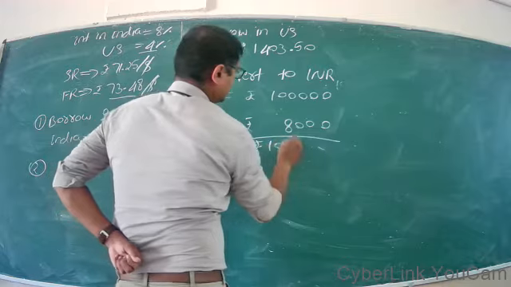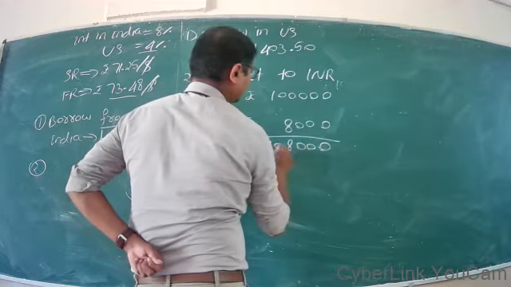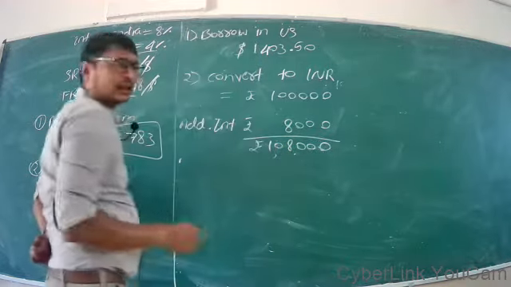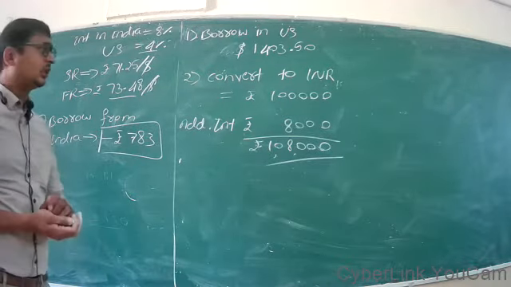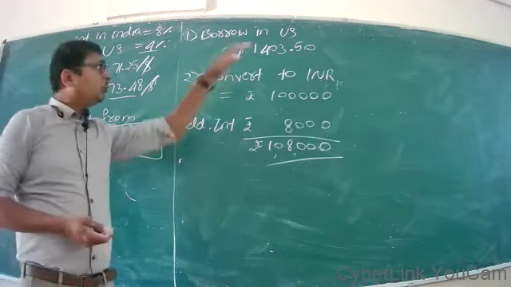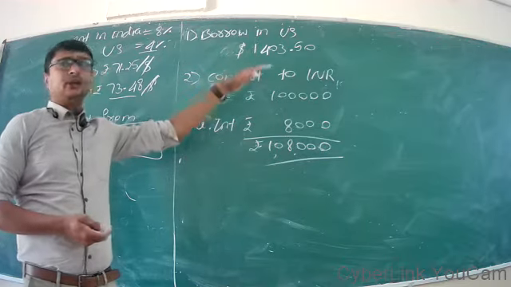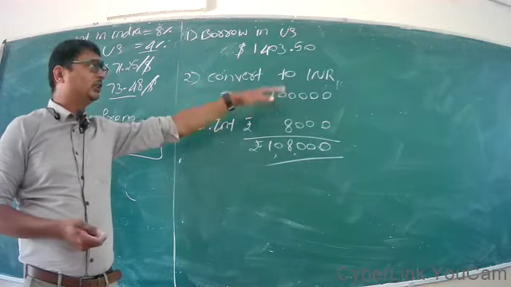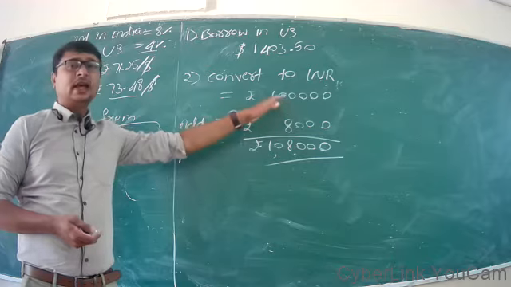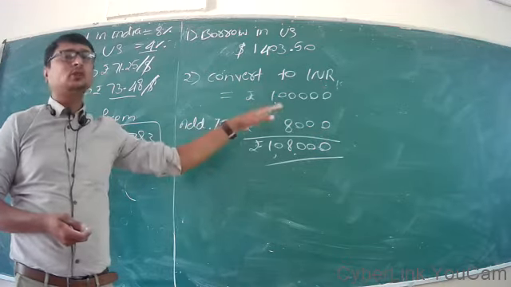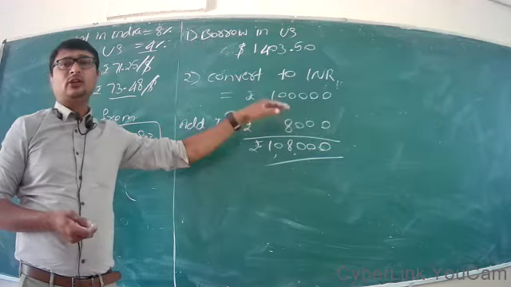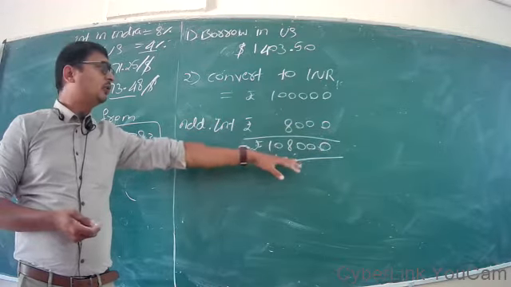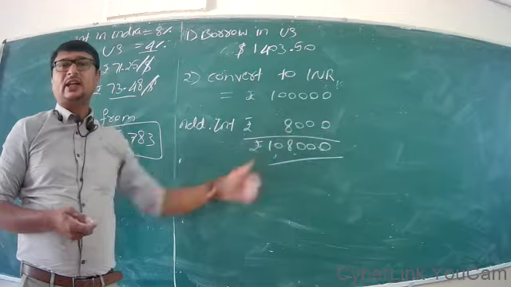You ultimately earn 1 lakh 8,000 after 1 year. So since you are a US citizen, you have borrowed money from US bank and converted to Indian rupee at the spot rate, it becomes 1 lakh. You deposit this 1 lakh in Indian bank and get 8% interest on your deposit. So matured amount you get after 1 year is 1 lakh 8,000.